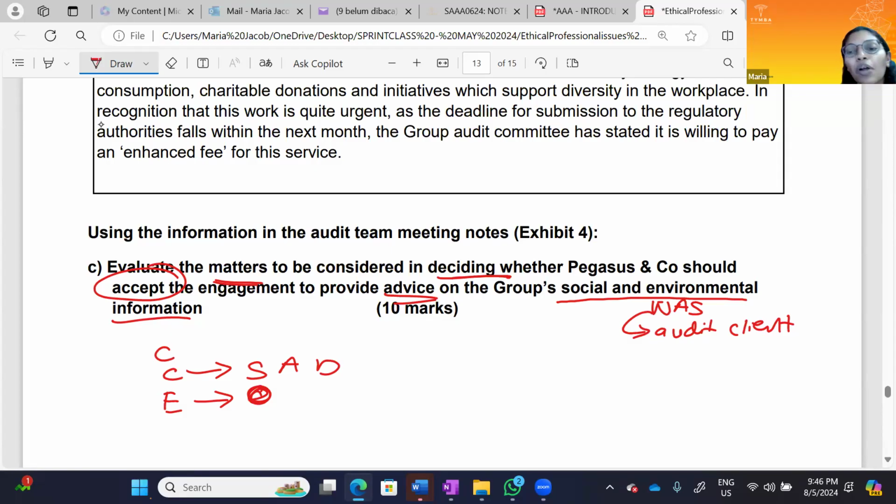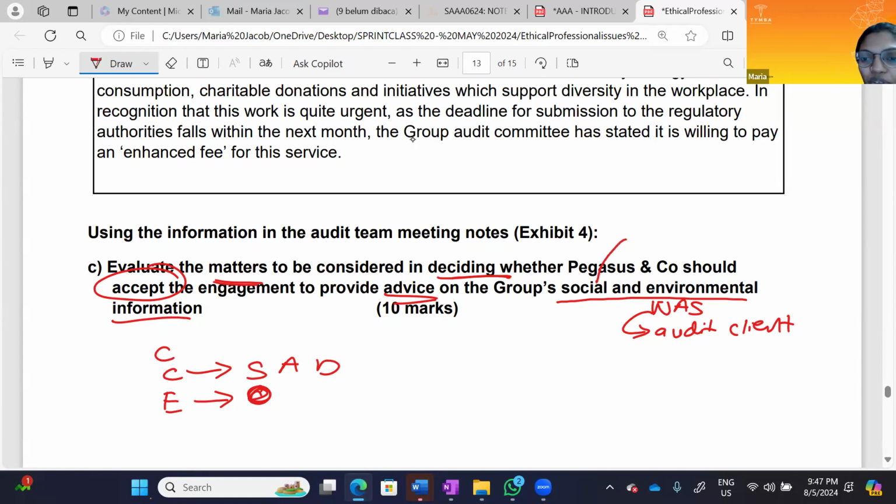In this case, will the social and environmental information give rise to a self-review threat? Do we see social and environmental information anywhere in the annual report? Is it going to be part of your financial statement information? Not really.